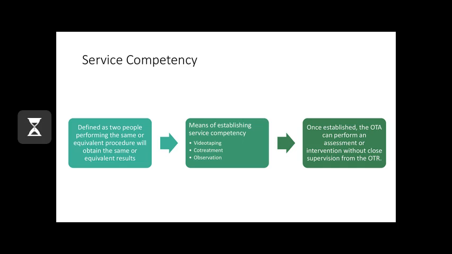And you are the OTA or the COTA who's working under my direction and license, and you're providing intervention to this child with CP who needs passive range of motion, it's the expectation that your passive range of motion is equivalent to my passive range of motion so that we would get the same results. And you can understand why we need to be service competent.